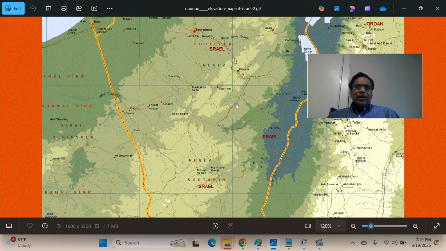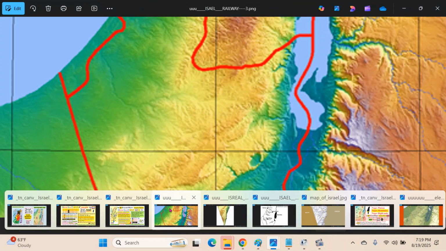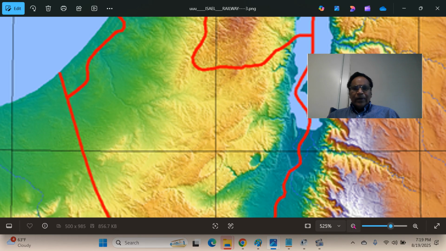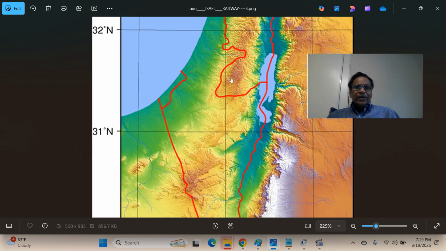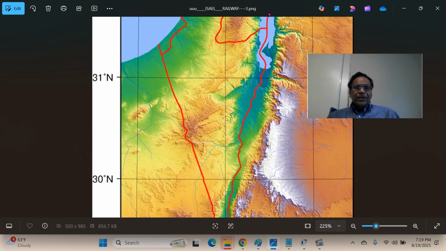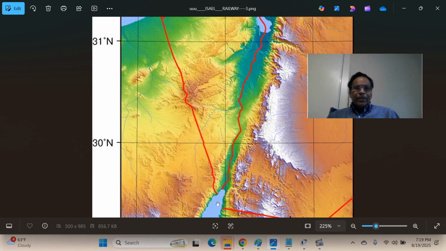Here I am trying to show the elevation. Broadly looking, if you zoom out, you can see the Gaza Strip and West Bank, Dead Sea and Arava Basin and Gulf of Aqaba Basin. That slopes this side, the Arava slopes that side.